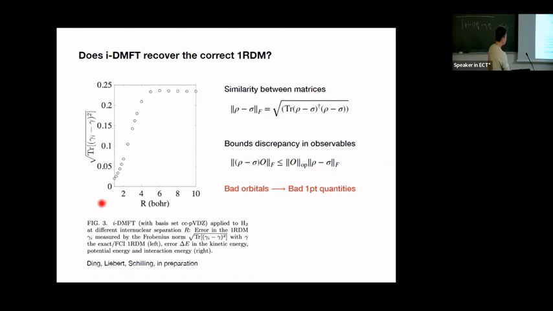So if your two states are close to each other, then you can put a really good bound on the accuracy of your one particle observables. But if not, then there is no guarantee. It means that you get bad natural orbitals, you usually tend to have bad one particle quantities. And this is not what we want from a good RDMFT theory.